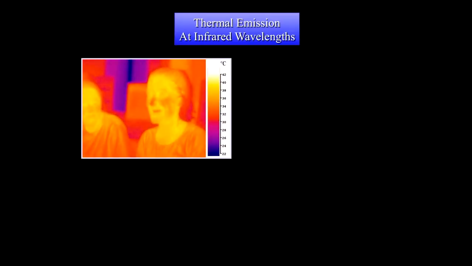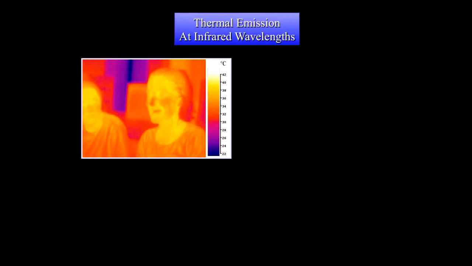Here are some other examples. Your human body emits thermal light all the time, every minute of your life. Here's a thermal emission picture of a human being. You can tell which parts of her body are the hottest and which parts are the coolest. Cool regions emit less thermal light.